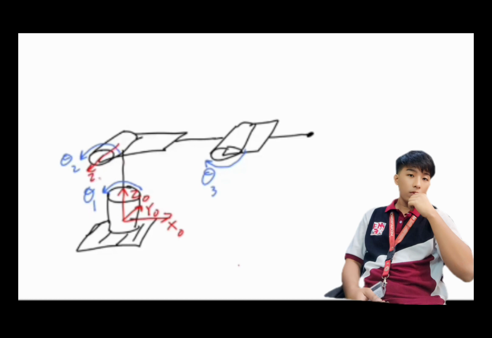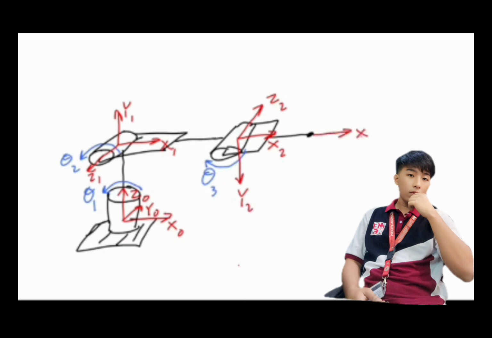From the second joint, z sub 1 is pointing to the front, x sub 1 is pointing to the right, and y sub 1 is pointing up. From the third joint, z sub 2 is pointing to the side, x sub 2 is pointing to the right, and y sub 2 is pointing down.